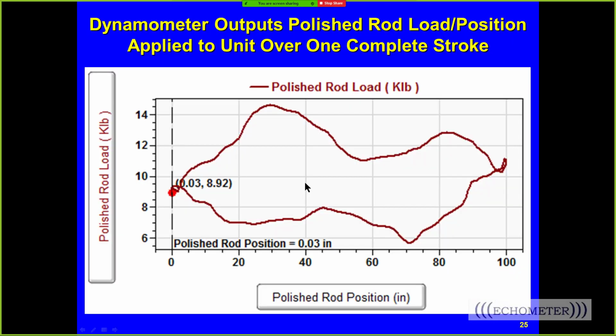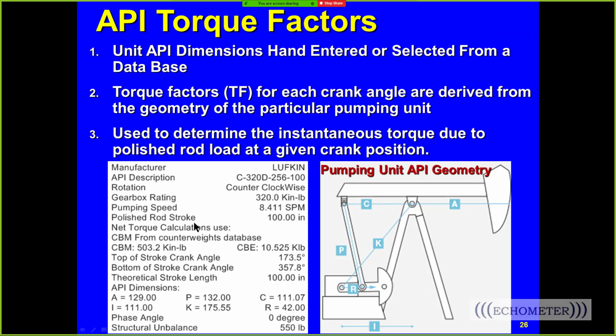So here's our surface dynamometer card we're going to talk about. And this is measured with a load cell. This is upstroke and downstroke, and this is the position of the polish rod versus the load. So in our database, we have many different types of pump units. And the dimensions based on API are identified.